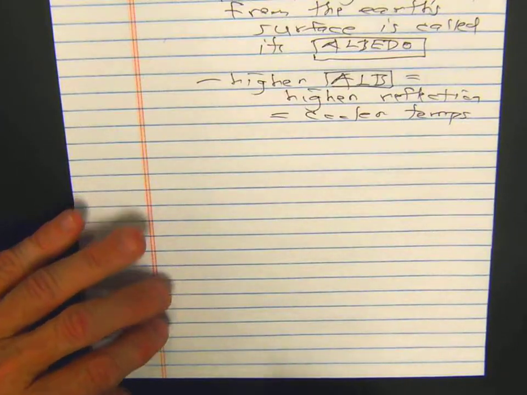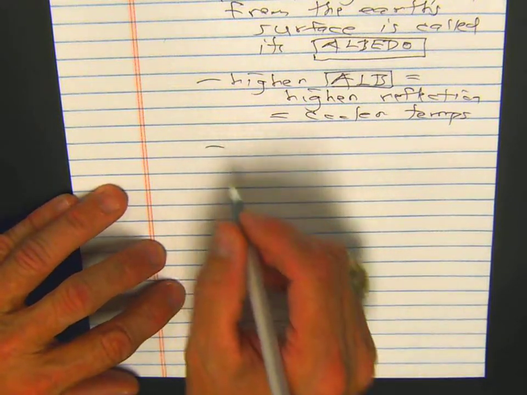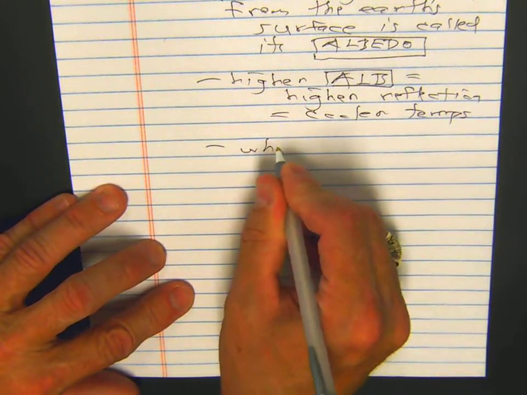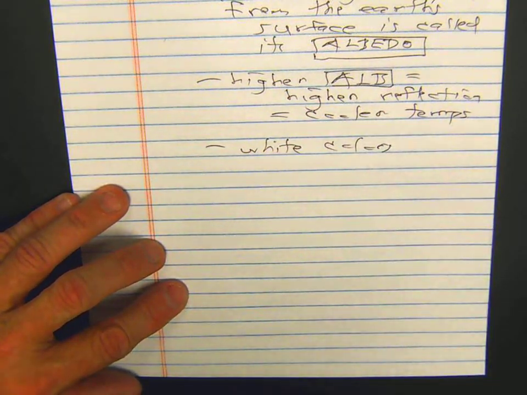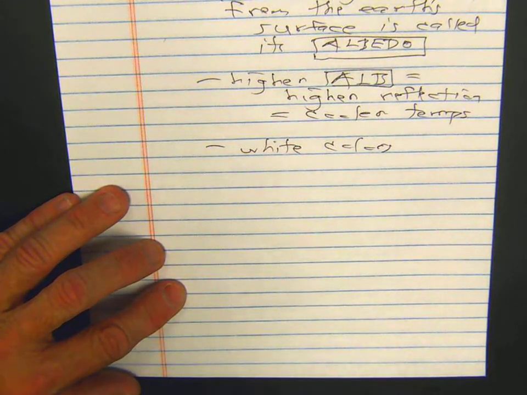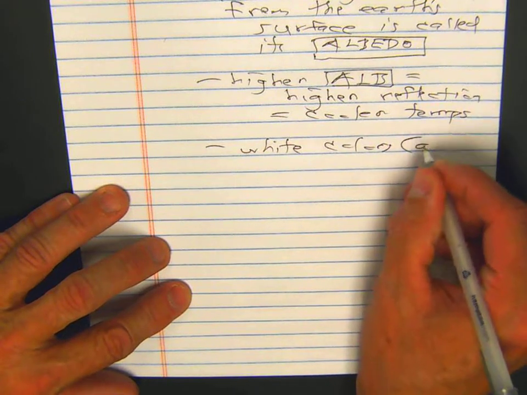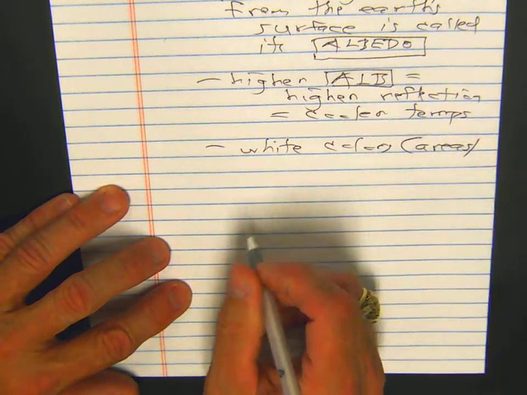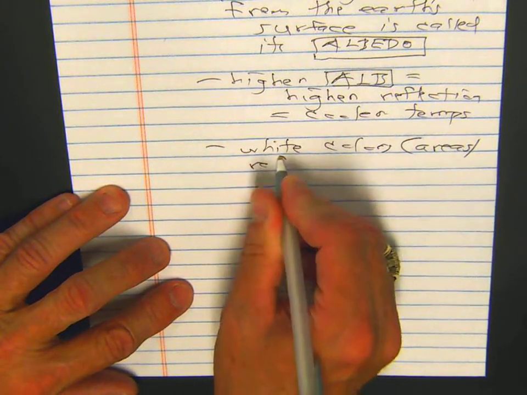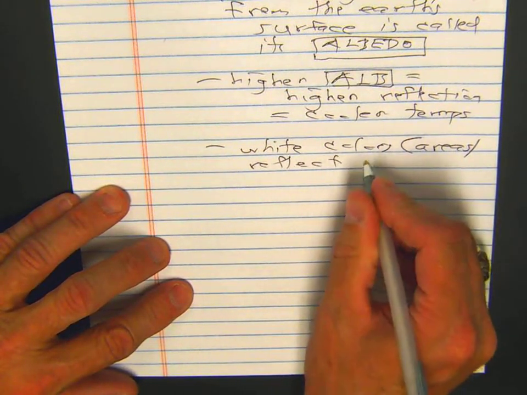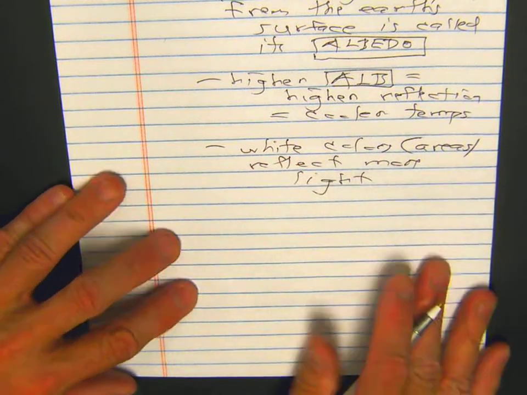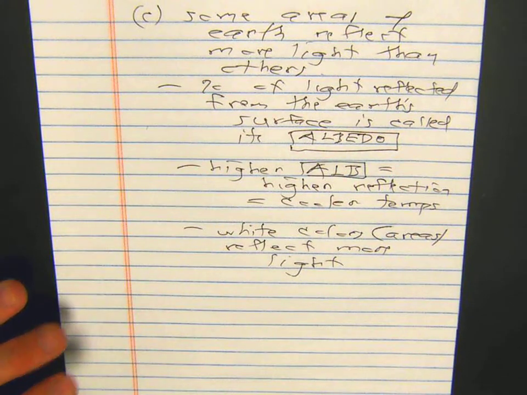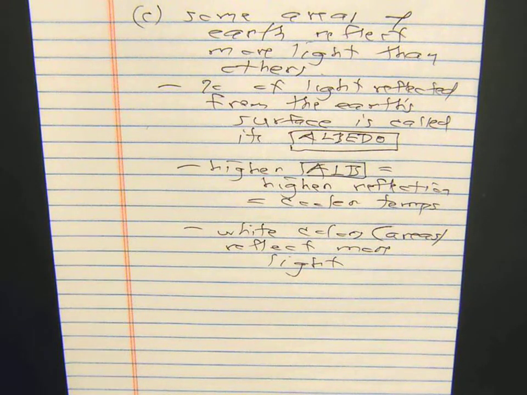And we know that white colors have an impact here also. White areas reflect more light. So that's the third factor, the albedo. The third factor contributing to uneven heating of the Earth.